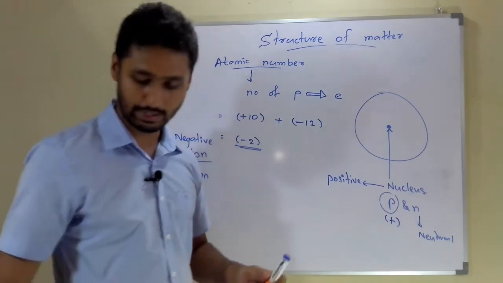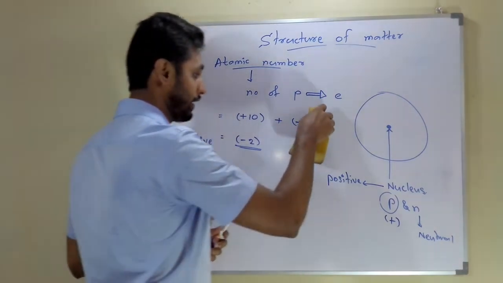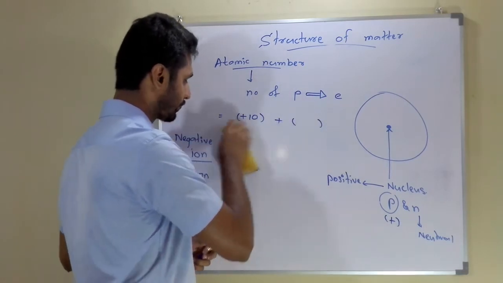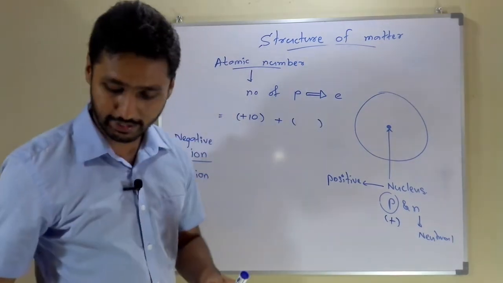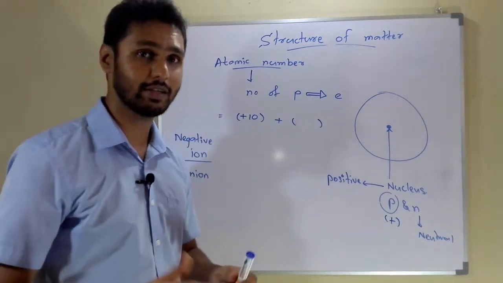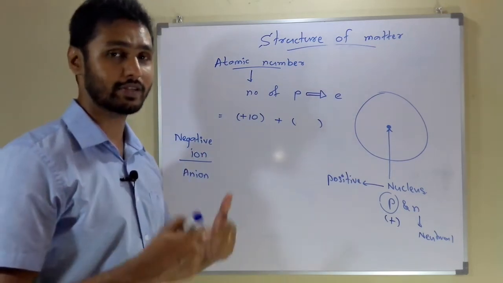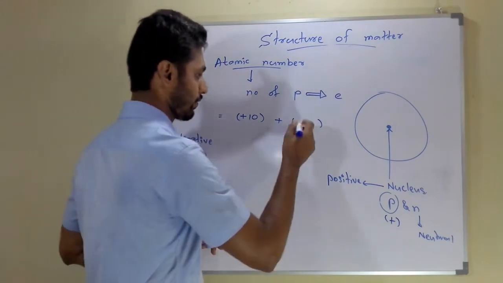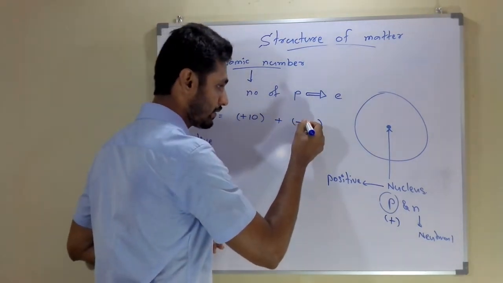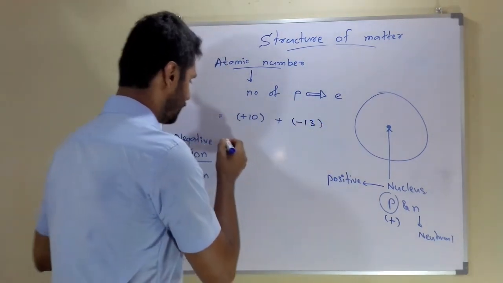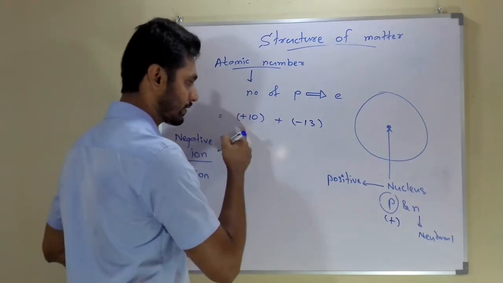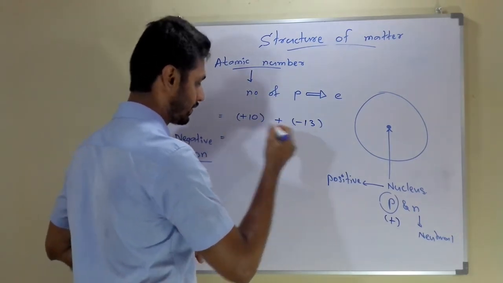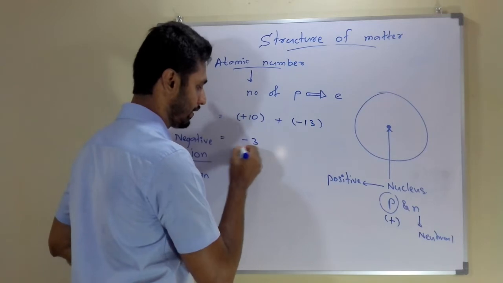Think this atom has taken 3 electrons now. If it has taken 3 extra electrons, that means altogether it has 13 electrons. So the charge is minus 13. Then you can see the total charge is plus 10 plus minus 13 means minus 3.